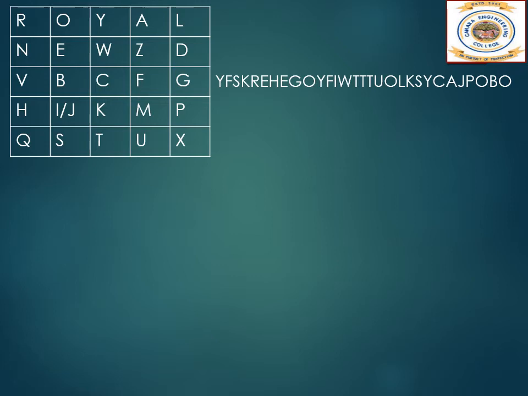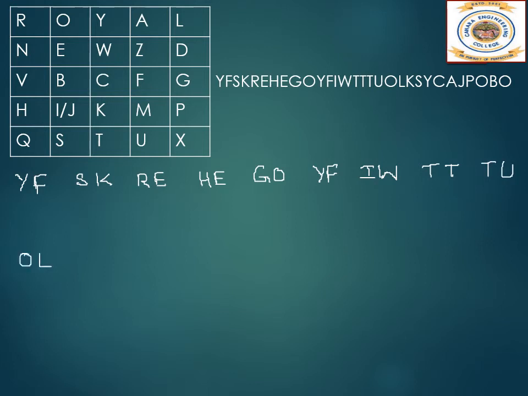So here we have Y F, S K, R E, H E, G O, Y F, I W, T T, T U, O L, K S, Y C, A J, P O, B O. Now let us see how to do the decryption.